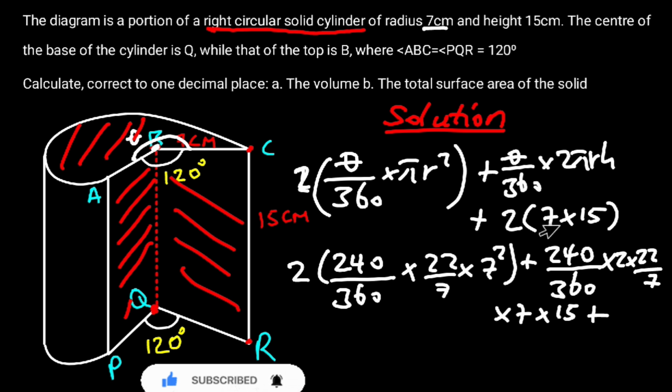Now 7 times 15 is equal to 105. 2 times 105 is equal to 210.